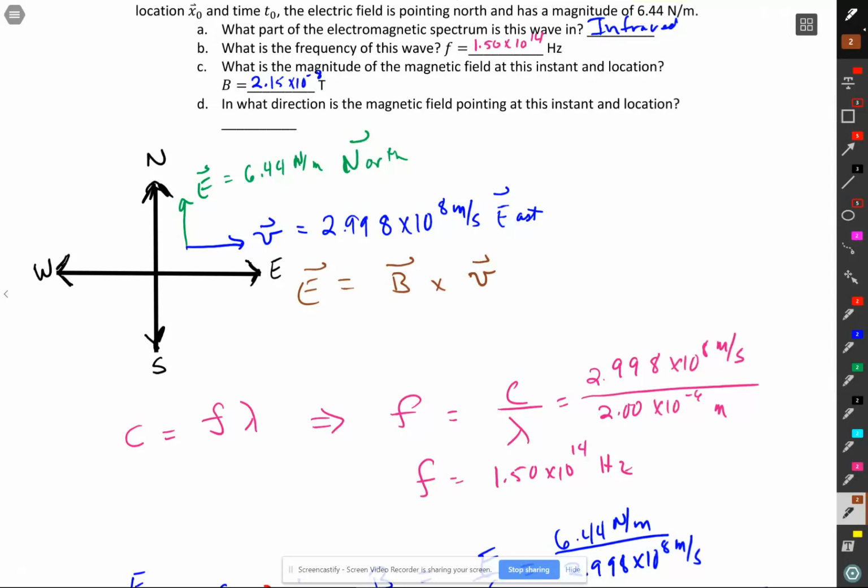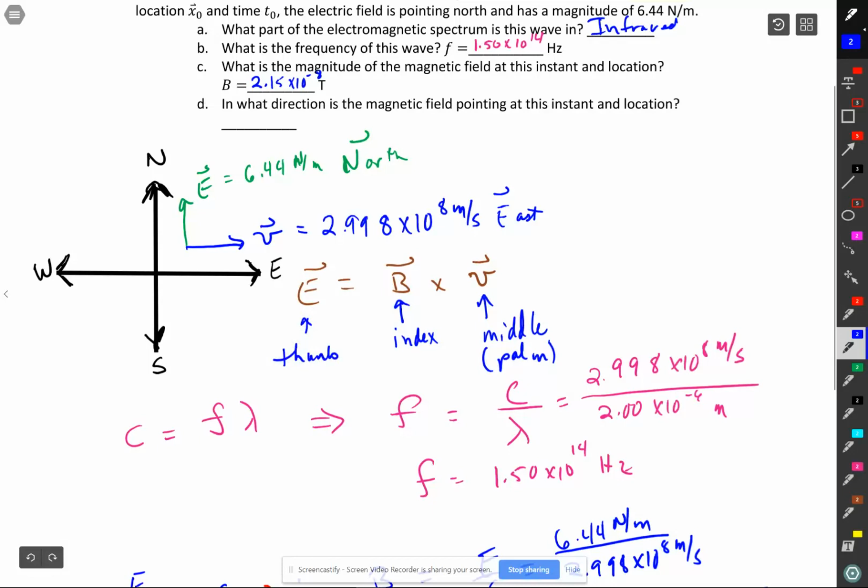So as always with the cross product and the right hand, the index finger is the first item in the cross product. The middle finger bends away from the index finger; in this case they're perpendicular, so it's the direction your palm is pointing, and that is the velocity. And then the electric field is the answer, and the answer is the thumb.